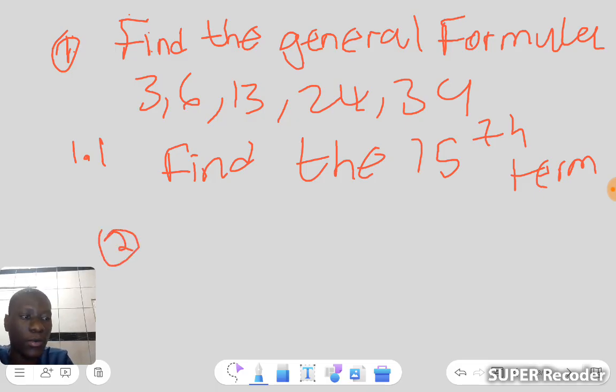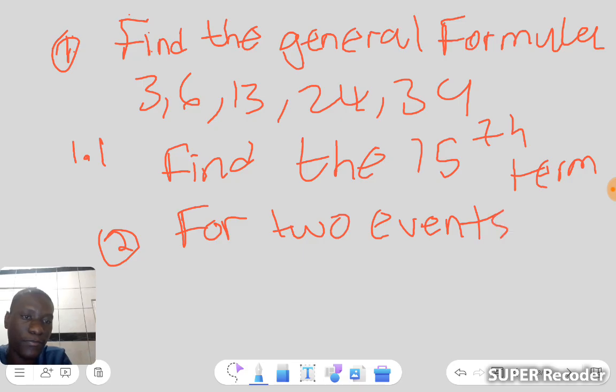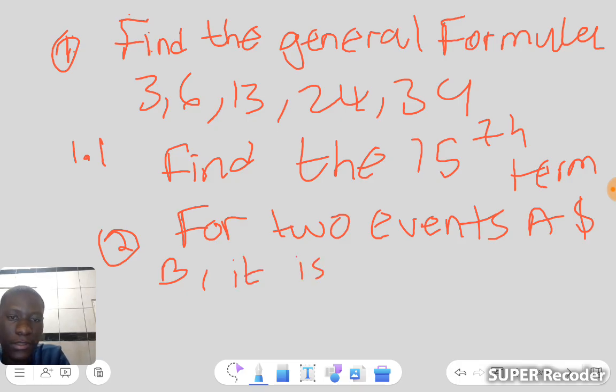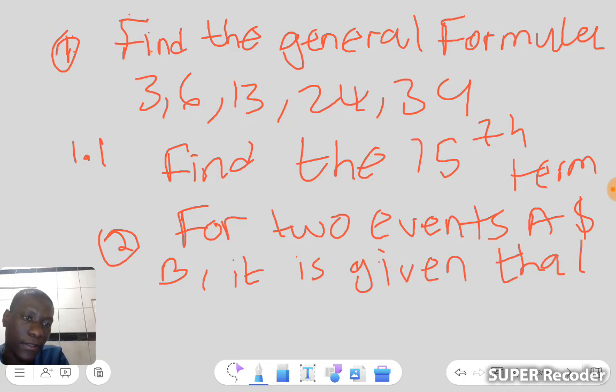Number 2, I would have, for two events A and B, it is given that probability of A equals 0.2.